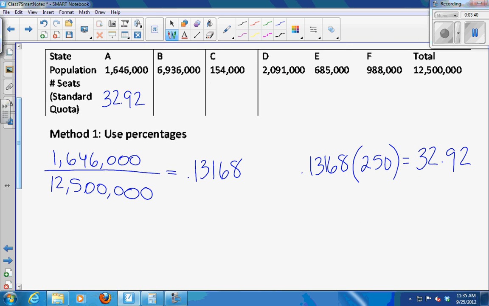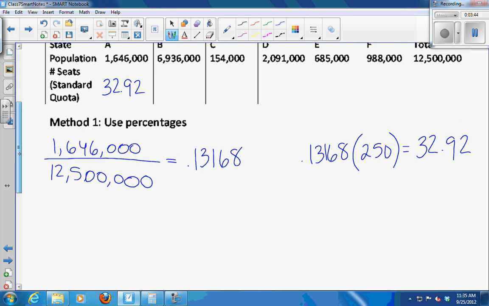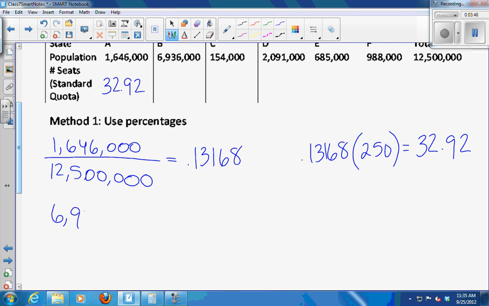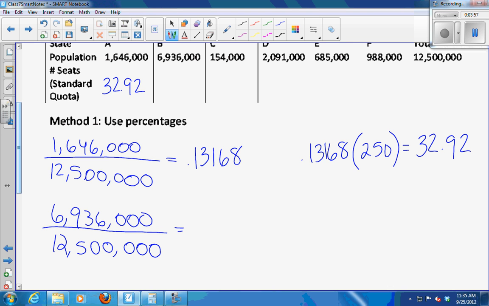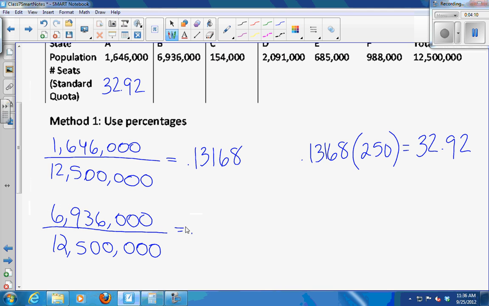Okay, so then we do this for each state. So you would take the 6,936,000 people from state B, divide that by 12,500,000 total people in the country, and that percentage is 0.55488.